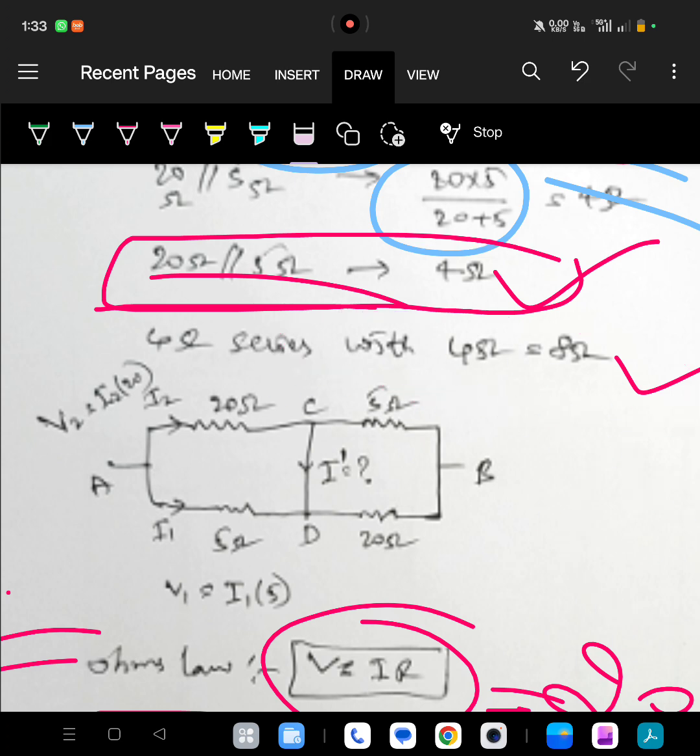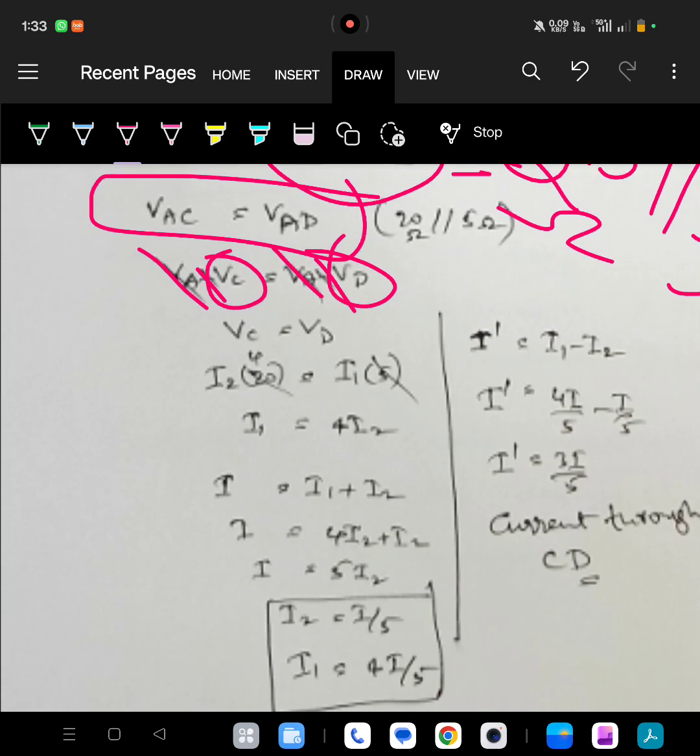So what do we do? I2 is the current flowing through 20 ohms, and V is equal to IR. So we can write I2 into 20 is equal to I1 into 5.